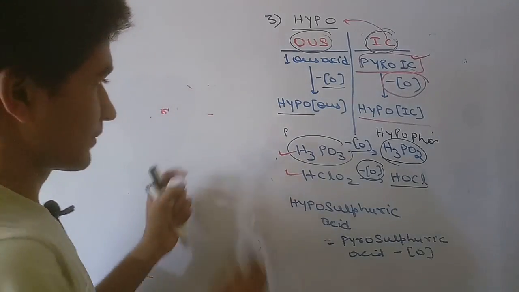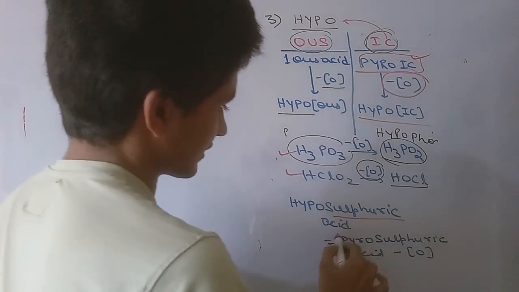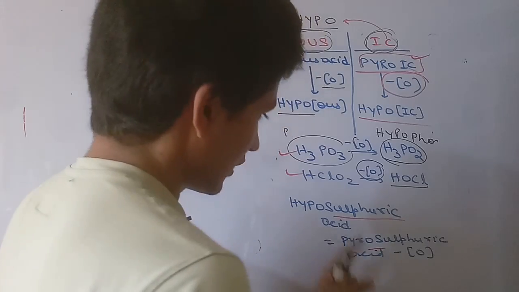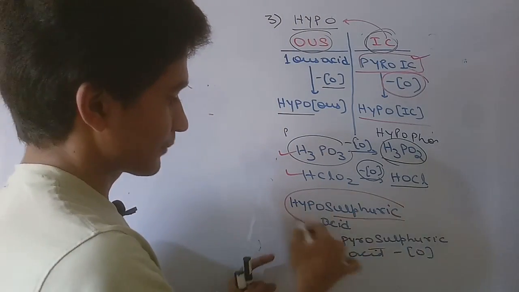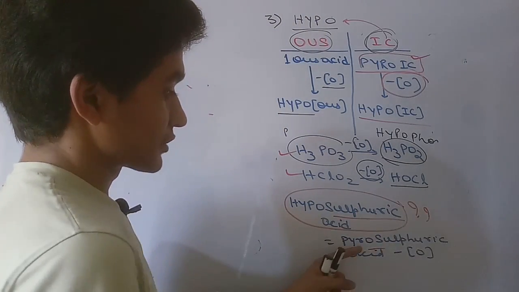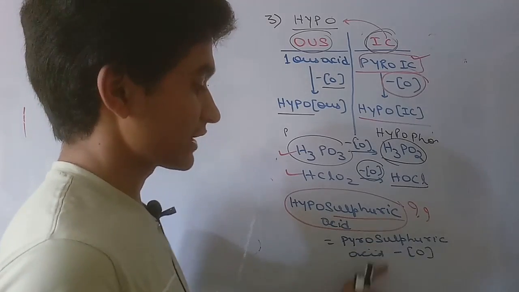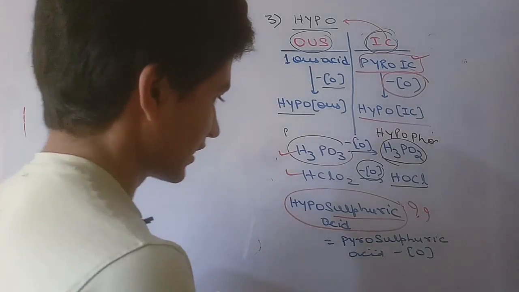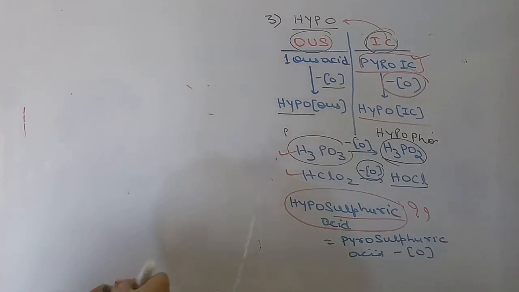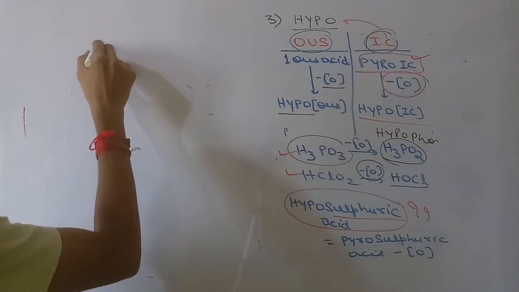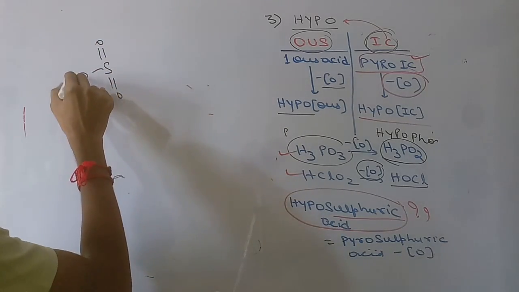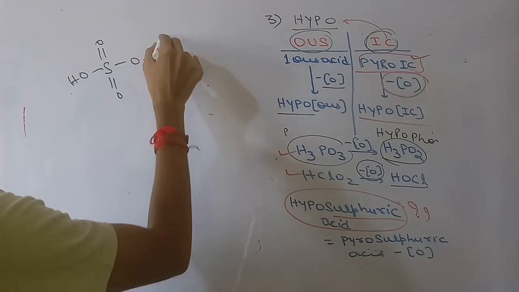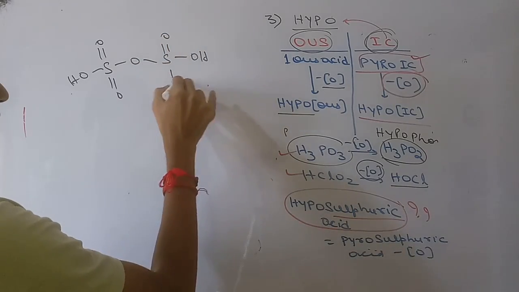Clear? So I have written here hyposulfuric acid; you need to find hyposulfuric acid from pyrosulfuric acid. What you have to do is first write the formula for pyrosulfuric acid, then subtract oxygen from that. I am directly writing pyrosulfuric acid, because I have already shown how to write it. So this is pyrosulfuric acid.